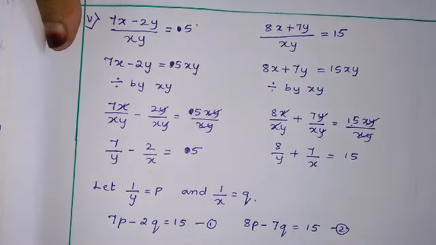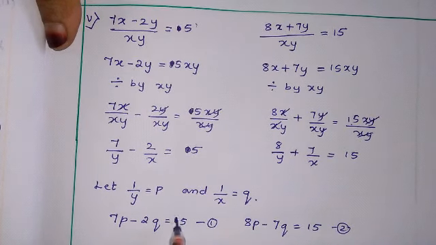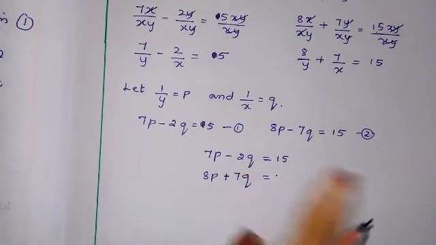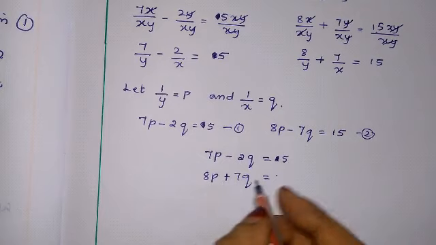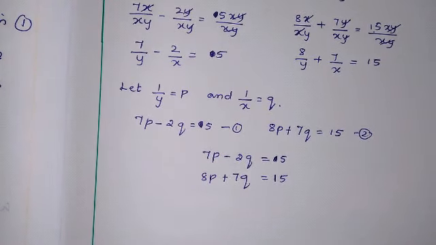Okay, this side all 15. So let me change now. Only instead of 5 I have taken 15. So here it will be 5, here 15. Correct? Okay. So let us start solving now.